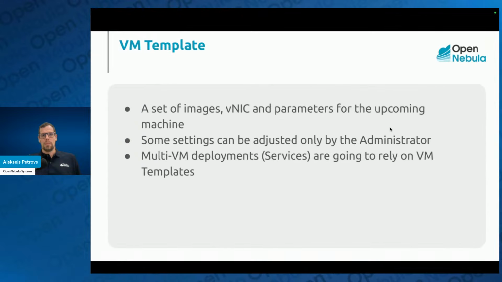Now, the virtual machine template, as I've mentioned, is a set of images, right? A set of virtual network cards, and the parameters or fine tuning of each virtual image or each virtual network card.